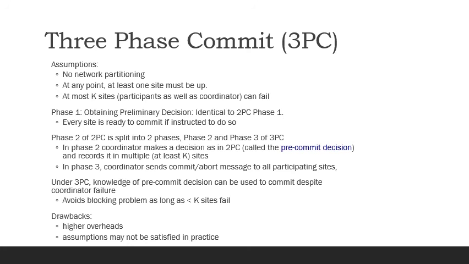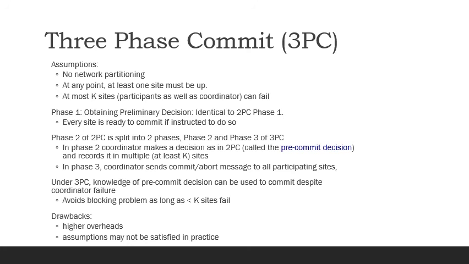In phase 2, the coordinator makes a decision as in 2PC, called the pre-commit decision, and records it in multiple, at least k, sites. In phase 3, the coordinator sends a commit or abort message to all participating sites. Under 3PC, knowledge of the pre-commit decision can be used to commit despite coordinator failure. It avoids the blocking problem as long as fewer than k sites have failed.